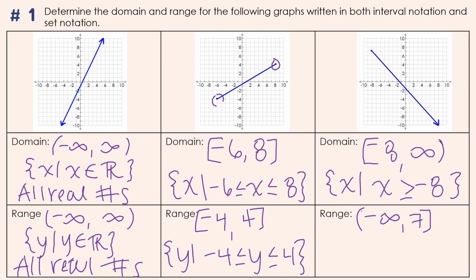That is your interval notation. Anything below 7 or equal to 7. For our set notation, use our brace, y, such that, this time everything falls below 7, so we're going to use less than or equal to 7.